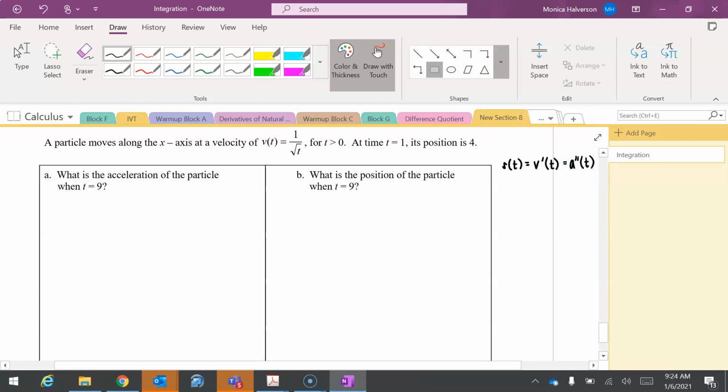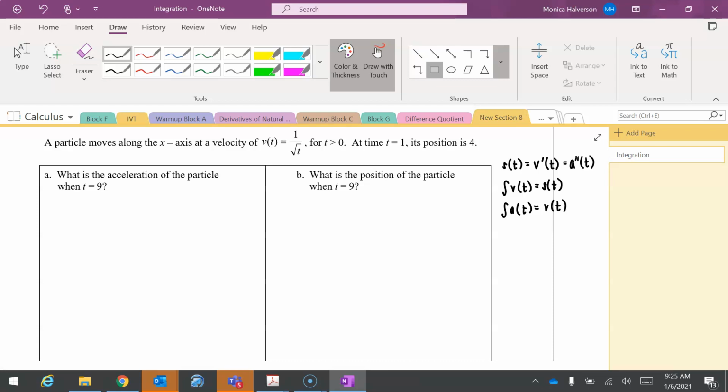So you can work backwards to find the starting position. So in this case, the antiderivative of velocity would be our position. The antiderivative of acceleration would be our velocity. Okay? So now we're going to be able to intertwine both differentiation and antidifferentiation.